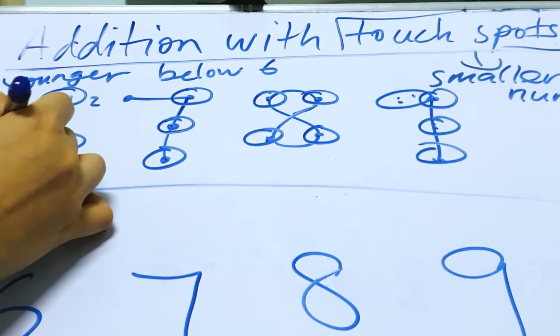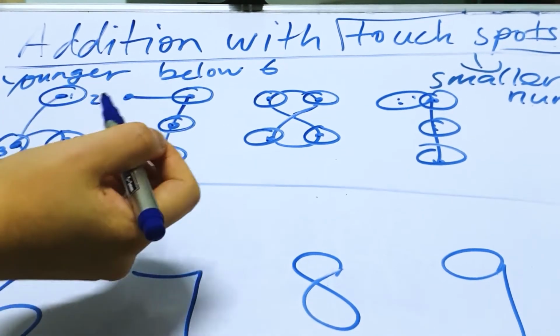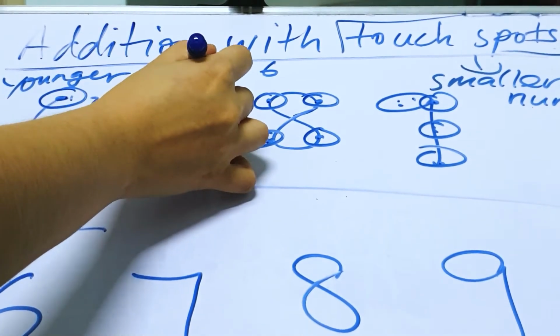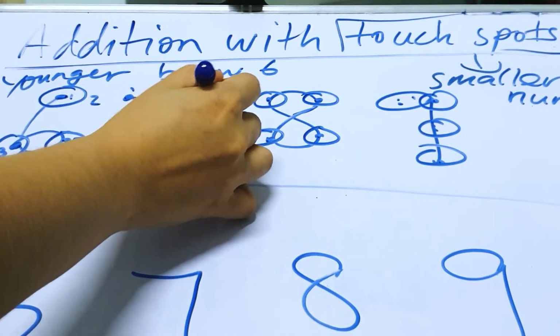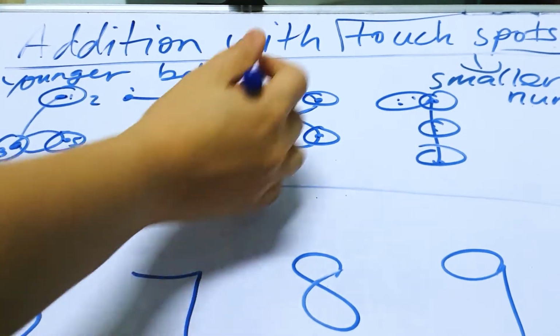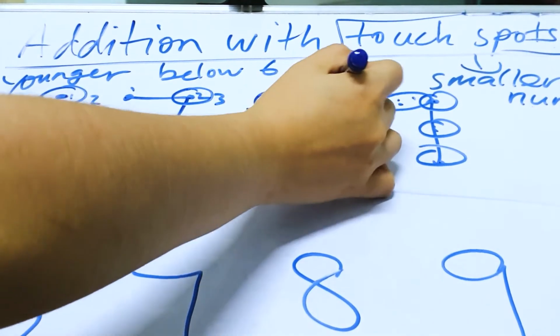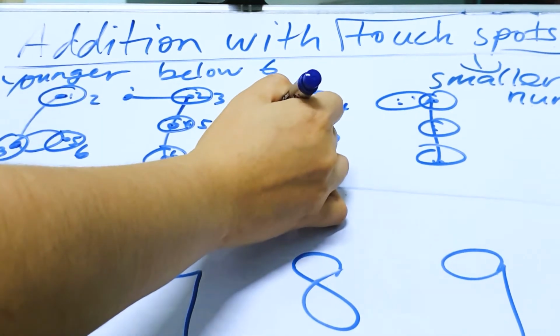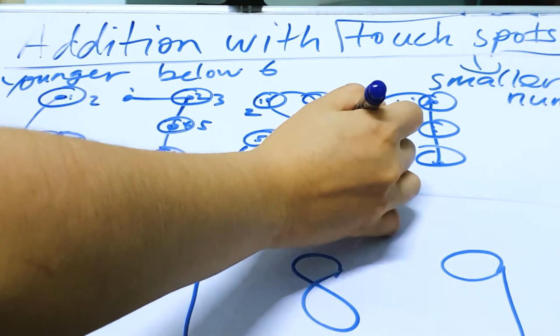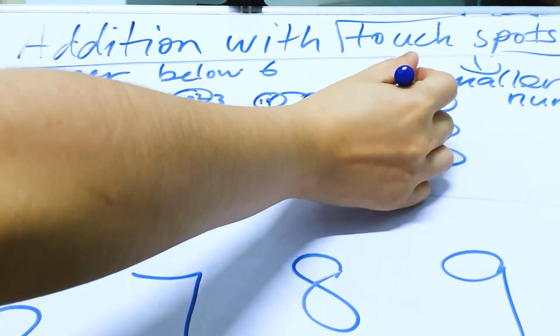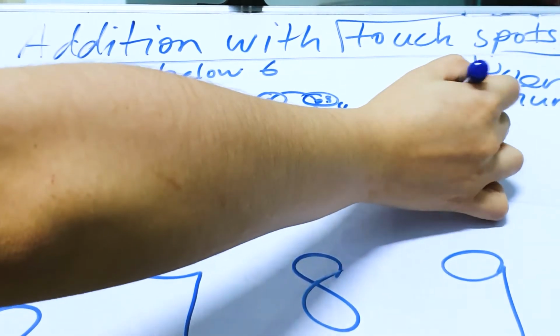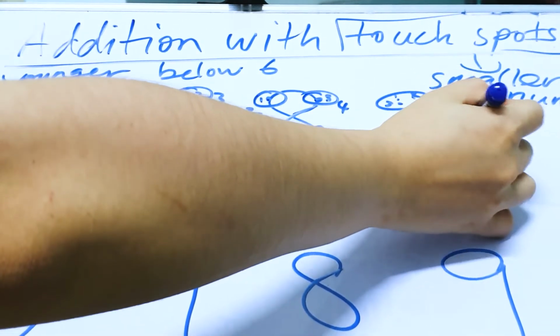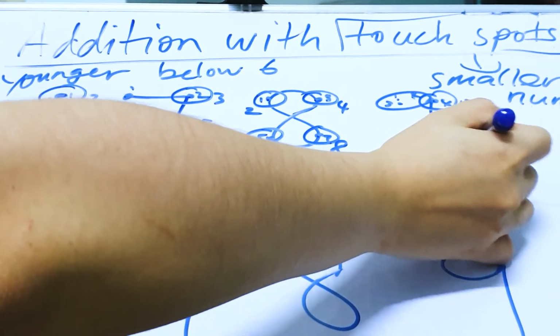This is 3, 4, 5, and then 6. This is 1, 2, 3, 4, 5, 6, and 7. This is 1, 2, 3, 4, 5, and 6, 7, and 8. 1, 2, 3, 4, 5, 6, 7, 8, and 9.